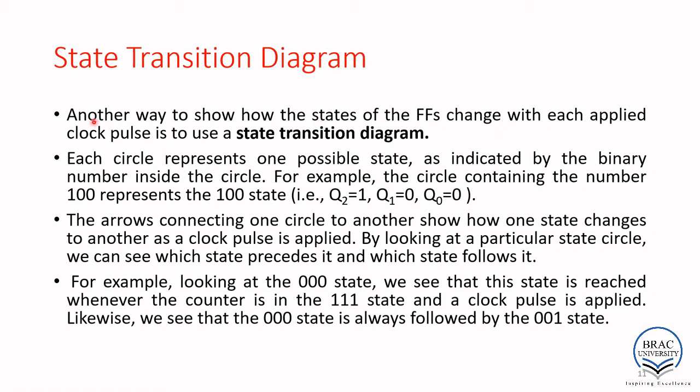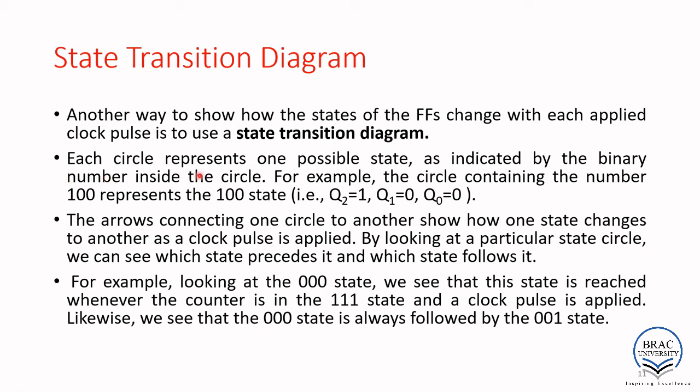Once we know the counting sequence, we can get the state transition diagram. Another way to show how the state of the flip-flops changes with the applied clock pulse is to use a state transition diagram.